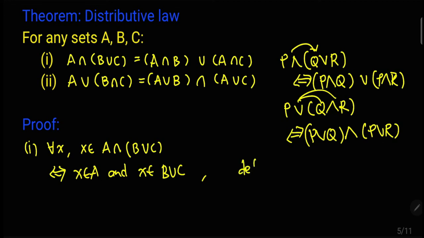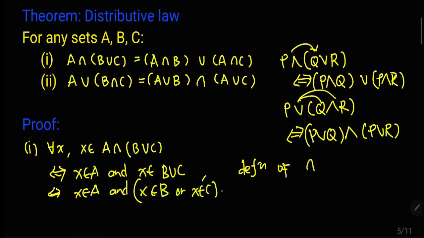Again, that's simply the definition of the intersection. Now, on the other hand, we have B union C. So let me copy x in A. And so this is the compound statement x is in B or x is in C. This time, that's the definition of the union.